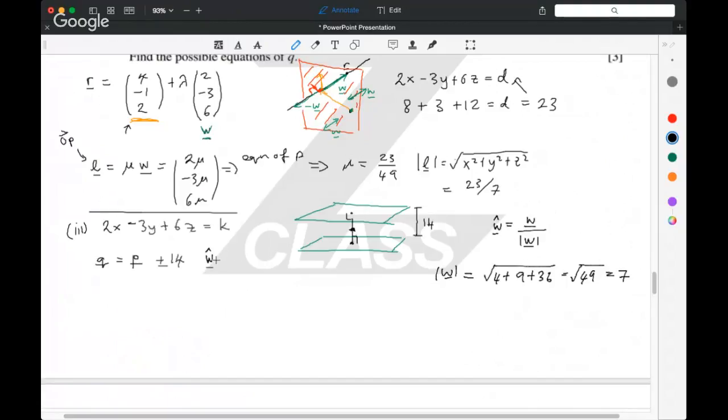So this is going to be equal to some point P plus or minus 14 over 7, which is 2, times W, which is (2, -3, 6).